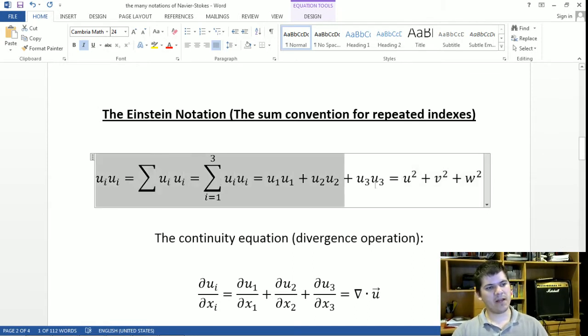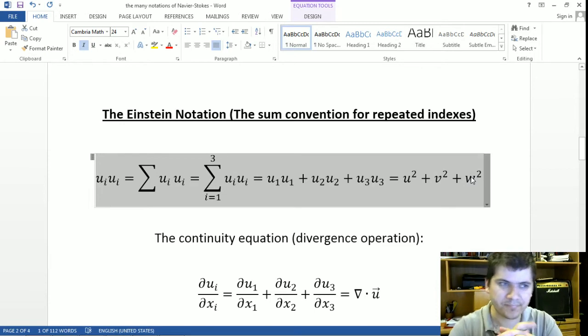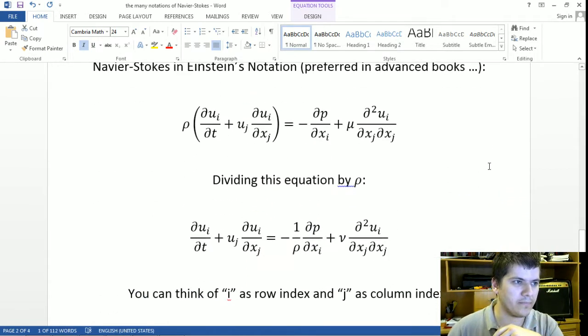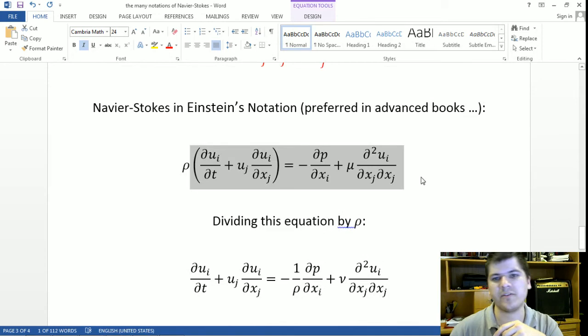So if you understand this, you understand the principle behind this notation to express Navier-Stokes.